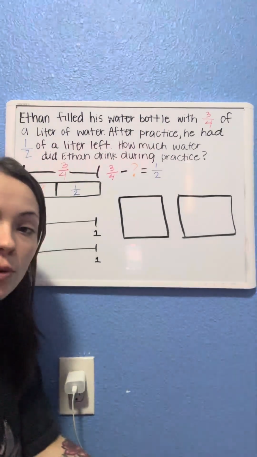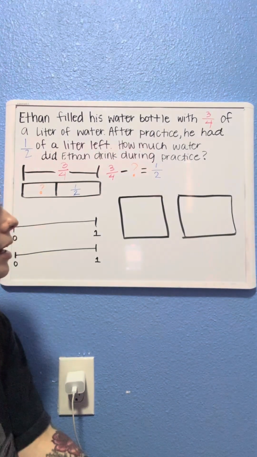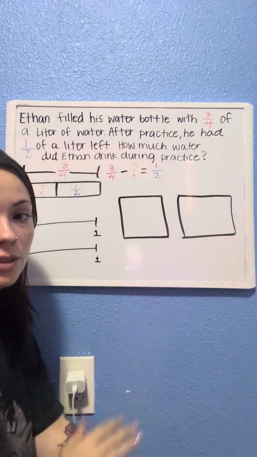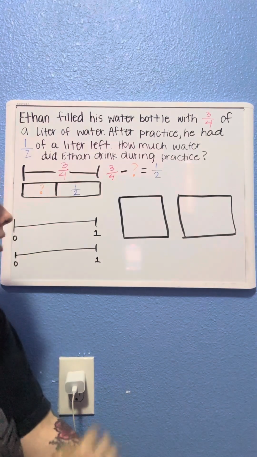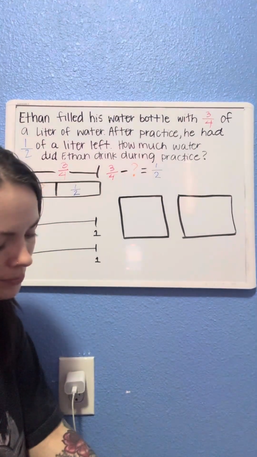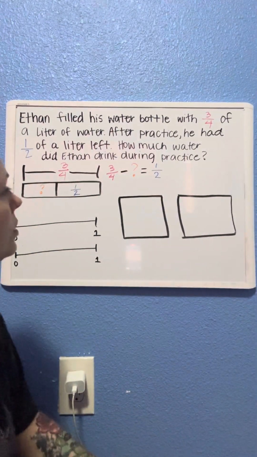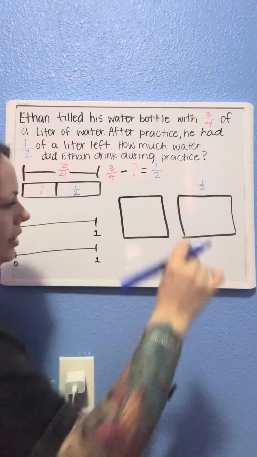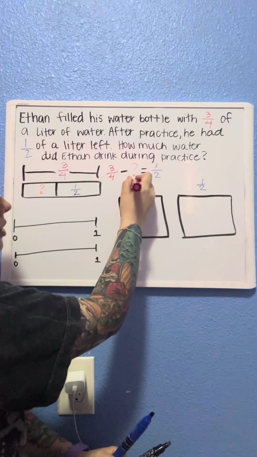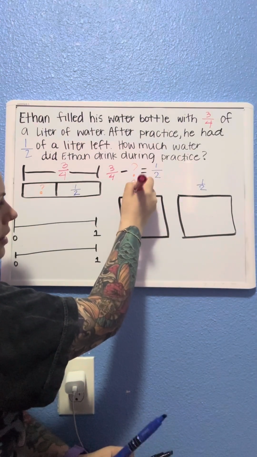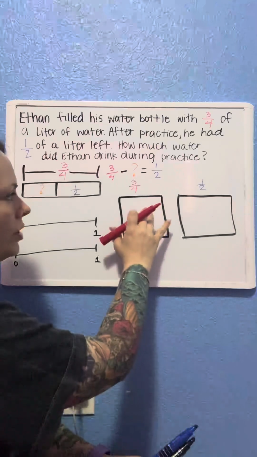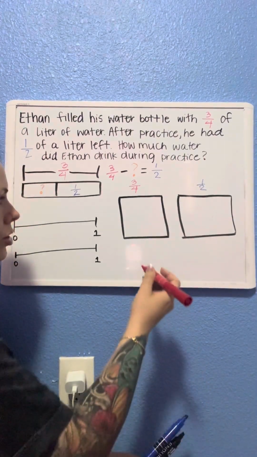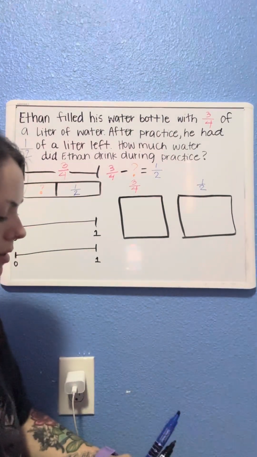So to show you how to do this, first I'm going to use an area model, and then after that I'll use the number line. So first, let me go ahead and write these above so we know which ones we are representing. First I will draw, let me do black.